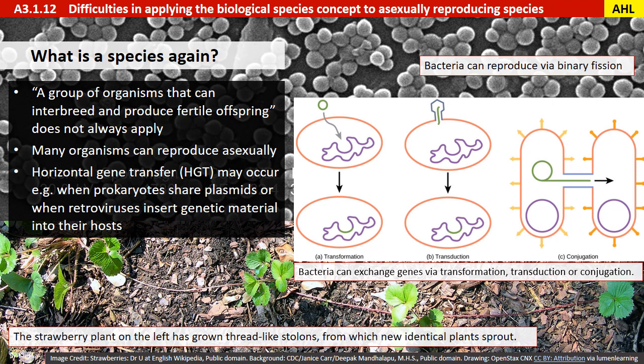In the middle, there's transduction, where a virus inserts its genetic material into the host cell, and all these cells in this example are bacteria. The genetic material is then incorporated in the chromosome. And finally, conjugation, where bacteria share genetic material with each other.